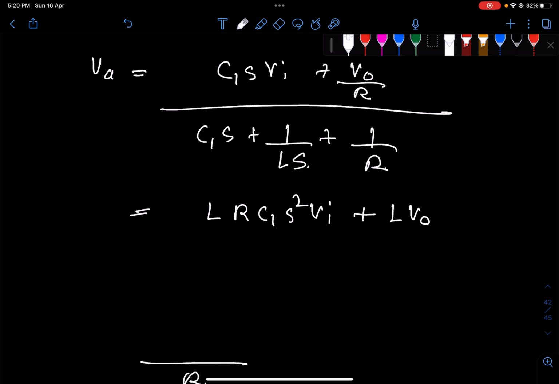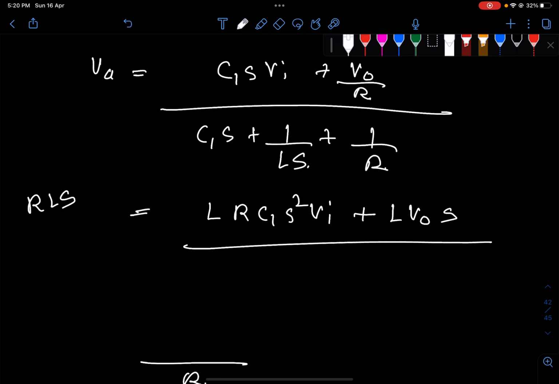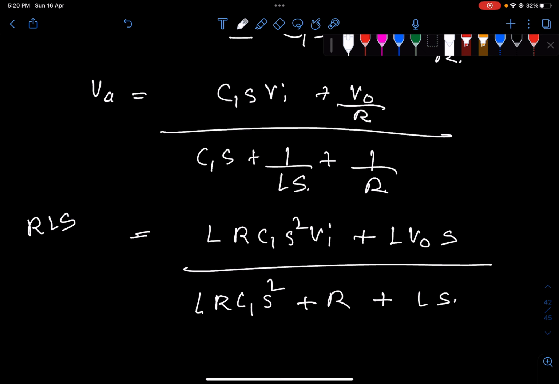So LCR, RLS, we are multiplying, right? So that will be removed, and L and S divided by, we are multiplying R, so L will be the starting, R C1 S square plus LS will be removed, R plus LS, right? We are multiplying LSR. So first here it will be LS, and instead of LS it will be R at the denominator.